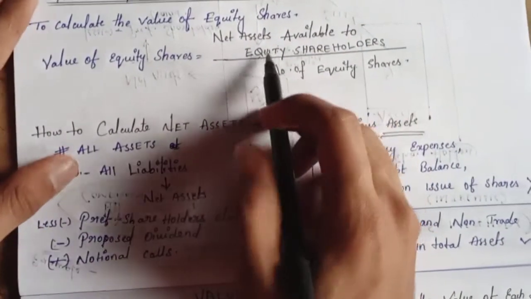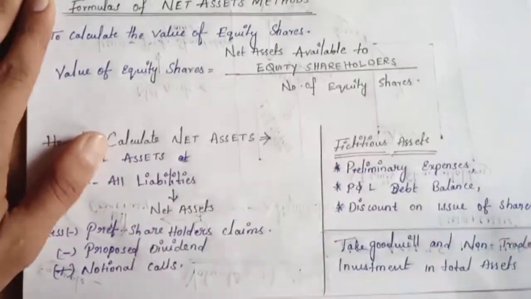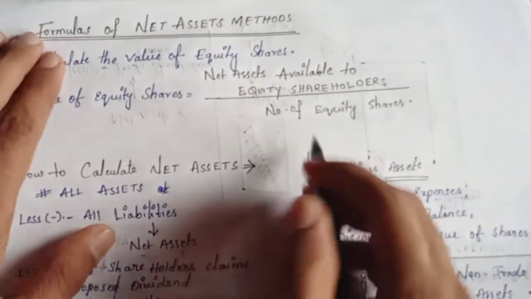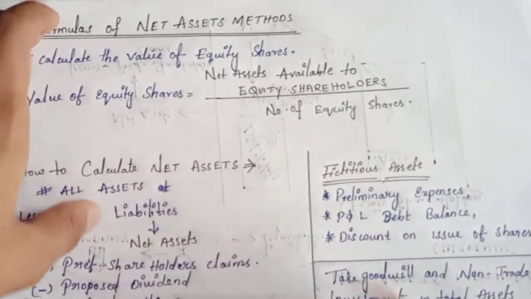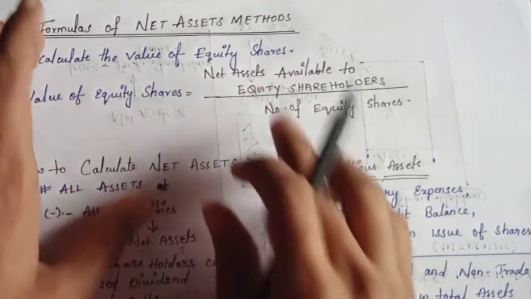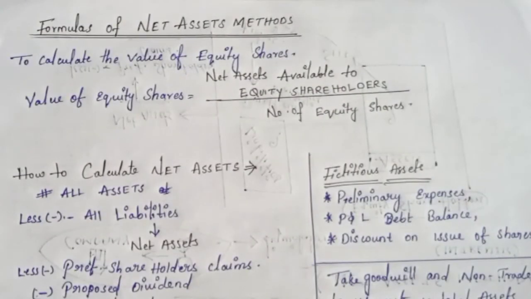So now the main thing in this method is the calculation of net assets, right? We have seen how to find the net assets of equity shares, but let's see the proper format to calculate the net assets of equity shares.